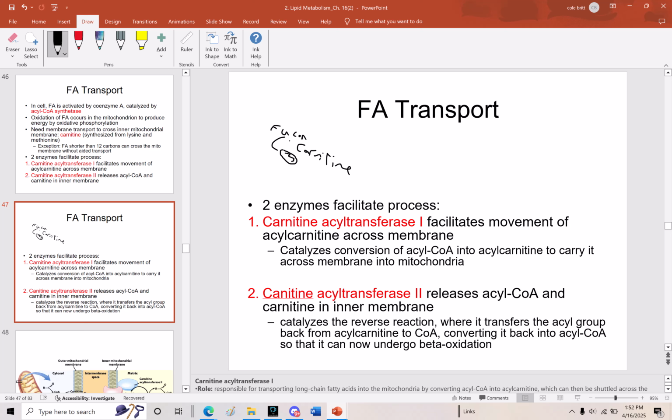It's going to take off the CoA and add carnitine to it. That's why it's fatty acid carnitine. When it comes in, instead of being attached to coenzyme A, it's going to be attached to carnitine. That's where carnitine comes in, and that's what CAT1, or carnitine acyl transferase 1, helps us do.